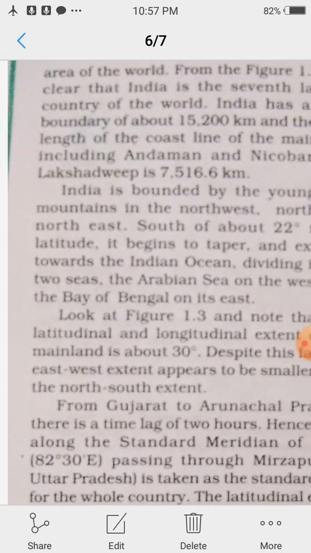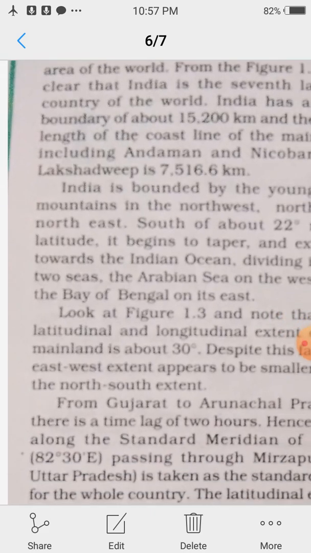Then India is bounded by the Young Fold Mountains in the northwest, north and northeast.